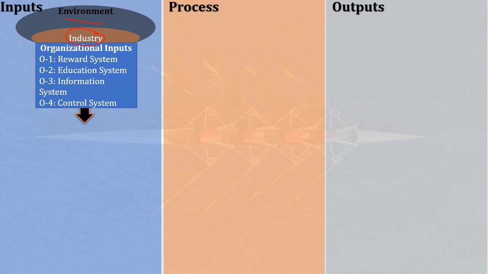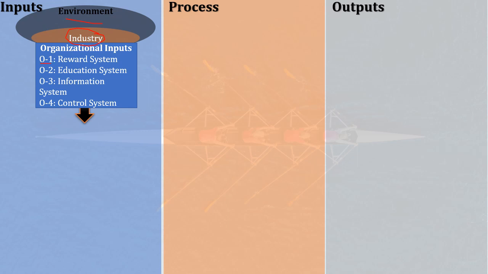And the fourth one is the control system. Now, if at all certain things are not happening as per the plans, then what are the measures that are taken by a company to control that particular situation. Now you need to take into consideration these codes here.